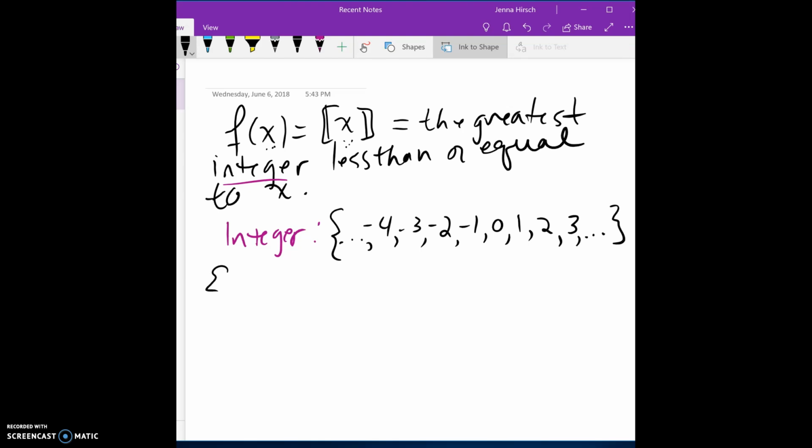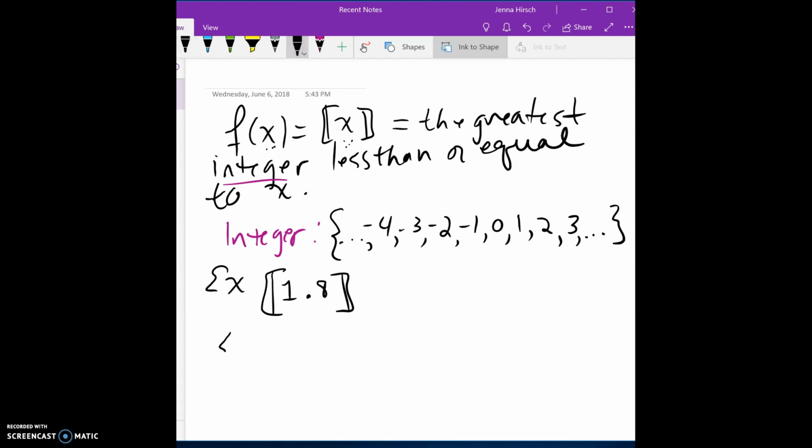Let's take a look at some examples here. If I asked you to evaluate, let's say, 1.8, we want to figure out the greatest integer that's less than 1.8.